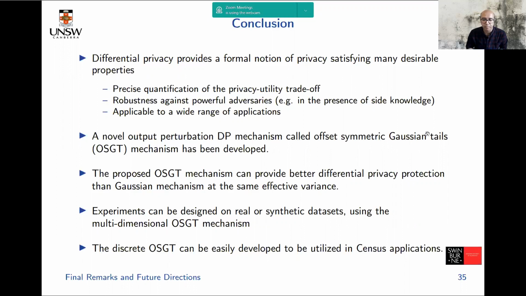More importantly, because OSGT has the potential to be used in census applications, we are going to fully develop the discrete version of OSGT, which can be used in counting queries. In fact, we have done some preliminary work on the discrete version, but it is unpublished.